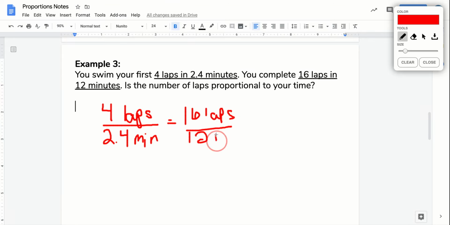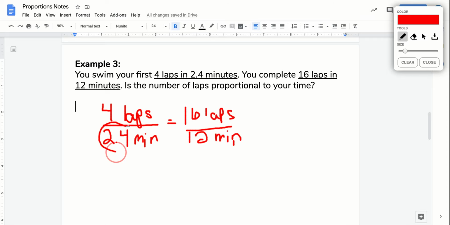Pretty messy here, but notice I have laps on the top and minutes on the bottom, and that's what I should have. My two top labels should be the same, and my two bottom labels should be the same.